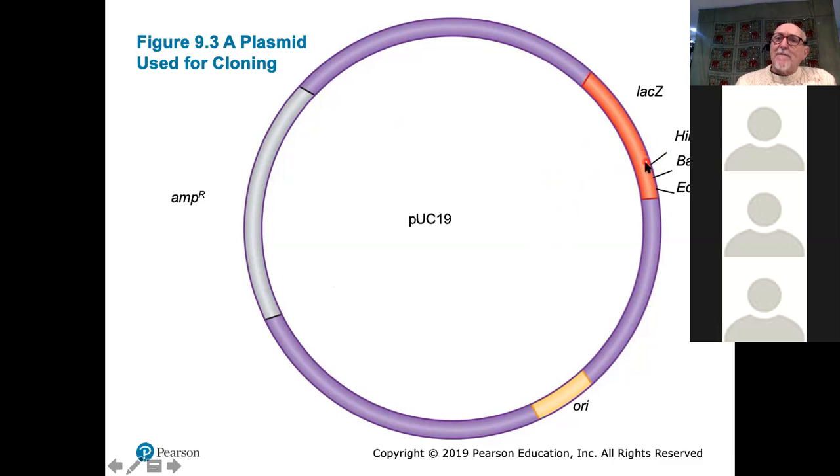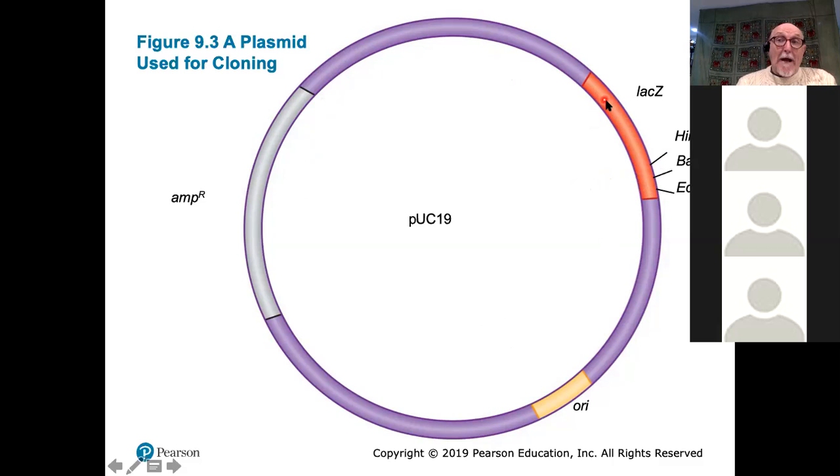If it's successfully making this product, it means there's no insert here. So that was a fail. It was a success because it took up the plasmid, but the plasmid it took up doesn't have our gene of interest in it. So what we need to look for are the colonies which grow on ampicillin, but which can no longer produce the blue color.